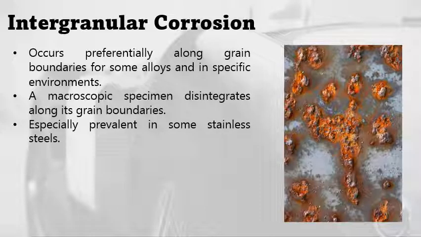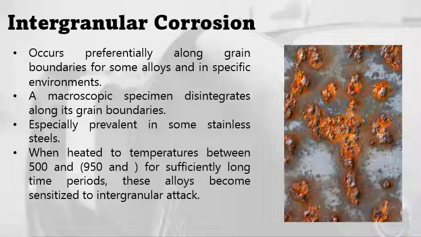This type of corrosion is especially prevalent in some stainless steels. When heated to temperatures between 500 and 950 for a sufficiently long period of time, these alloys become sensitized to intergranular attack.